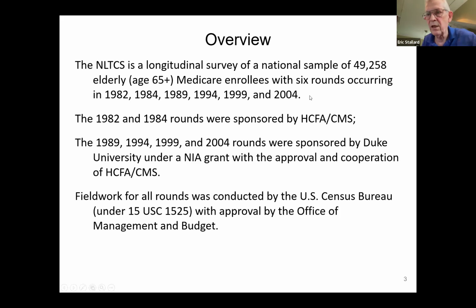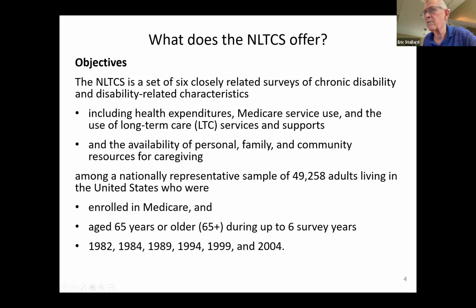That turned out to be the most feasible way to conduct the survey. The 82 and 84 rounds were sponsored by what was HCFA, Healthcare Financing at that time, and is now CMS. The remaining rounds were sponsored by Duke. All of the field work was done by the U.S. Census Bureau. So everybody knows and loves the U.S. Census Bureau. I'll point out some statistics to indicate how true that is.